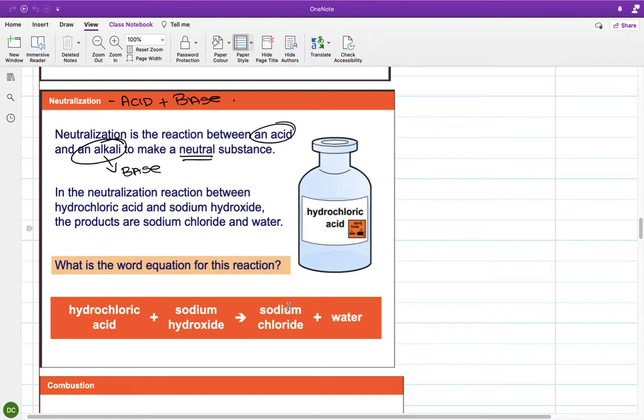Your acid would be like your -2, and then you react that with a +2 to create 0, for those of you who are particularly mathsy minded. And that's essentially what's happening. If you mix an equal strength acid with an equal strength base, when they react together, you get a neutral substance. So it is neither acidic nor basic, it is neutral. We're going to talk about that in way more detail when we study it.